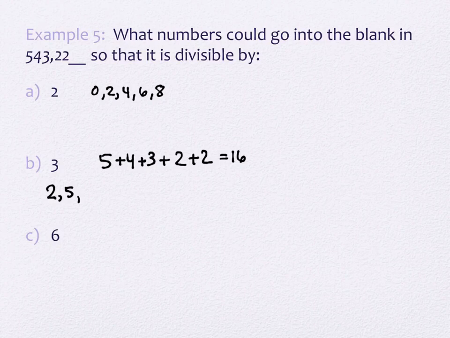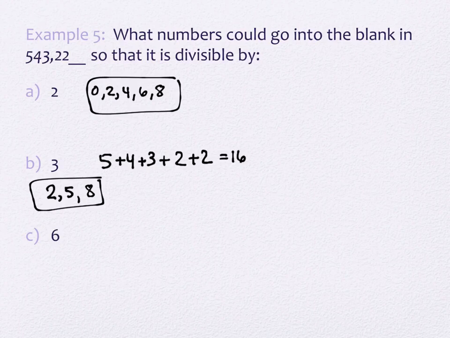It was an 18. I need to add 3 more to it in order for it to work again. So once I find the first one, I should be able to find the next ones pretty quickly. So what's the next one after the 5? It'll be an 8. So these are the 3 numbers that work.